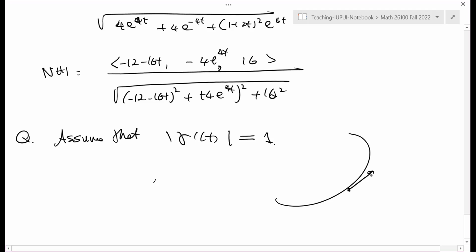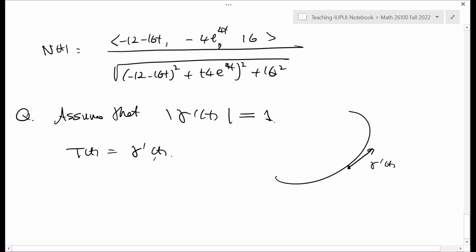So that we call a unit speed curve, right? So in this case, T is again just itself, right? No question, right? Because when you normalize, the denominator is going to be the length, which is going to be 1. Okay.